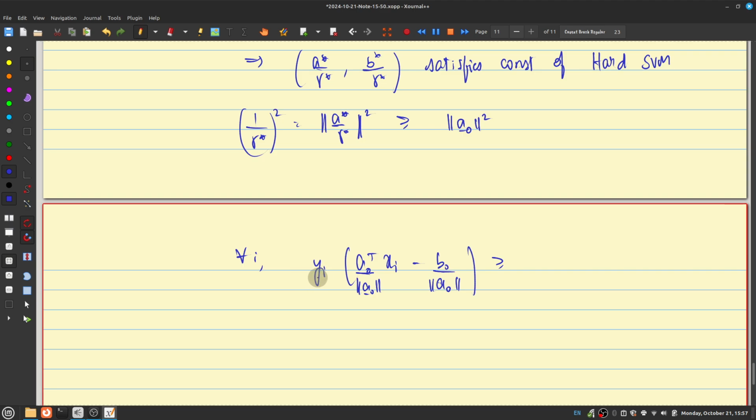It's a solution to the hard SVM problem. So this is greater than or equal to 1 by norm A0.